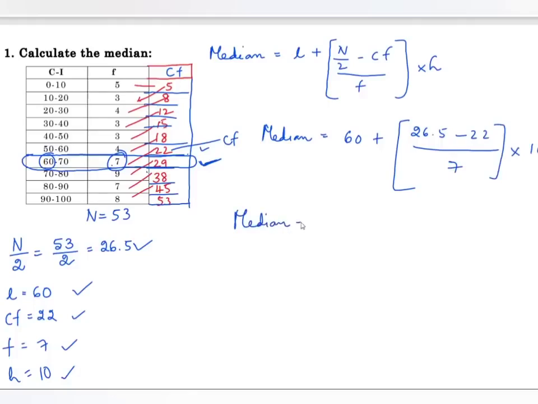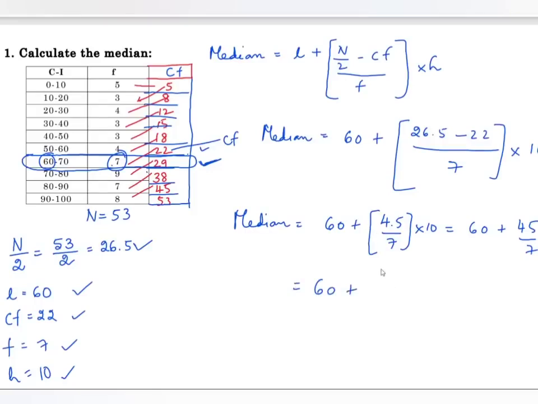Now median equals 60 plus (26.5 minus 22 is 4.5) by 7 into 10. What we get? 60 plus 45 by 7.